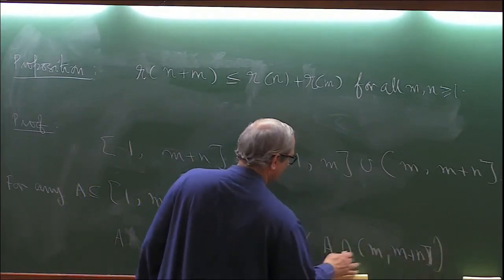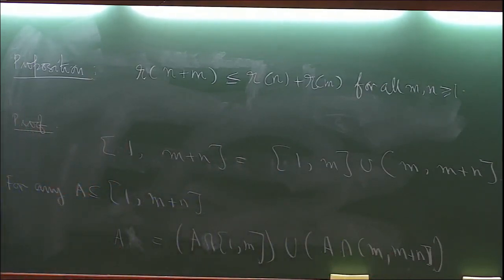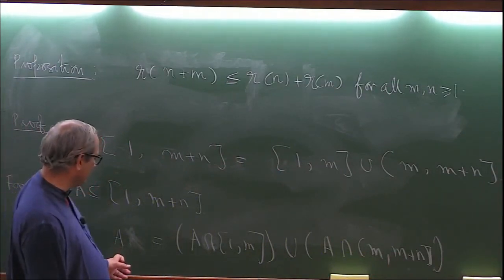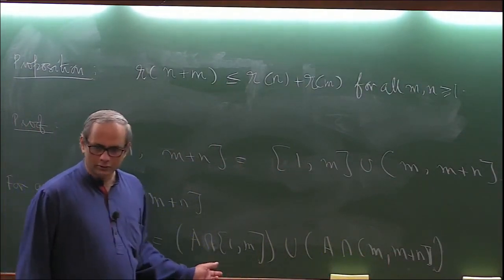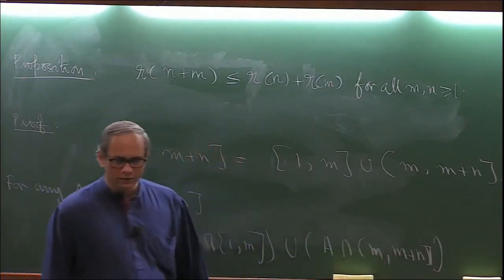If T of A is 0, that is A doesn't contain any non-trivial 3-term APs, then T of each of these is also 0, right?